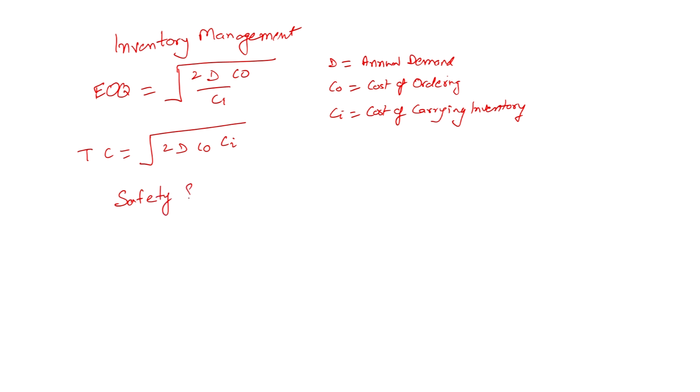If there is a safety stock required, if there is any uncertainty in demand or uncertainty in supply, this safety stock is equal to Z into sigma, where Z is related to service level. Higher the service level requirement, more is the value of Z, and sigma is the variability. It is a variability in demand or variability in demand and supply.